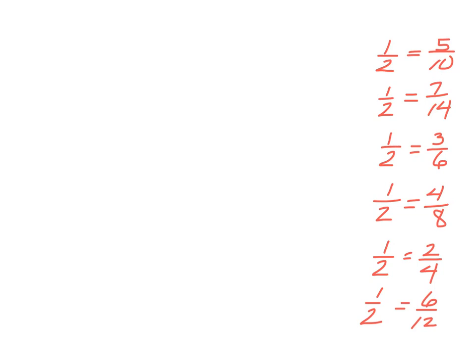Okay, so let's look at one last fraction. What would be the numerator for this fraction? We know that the fraction is equivalent to 1/2. So what would the numerator be? And how would you know? Pause this video and turn and talk to your partner.